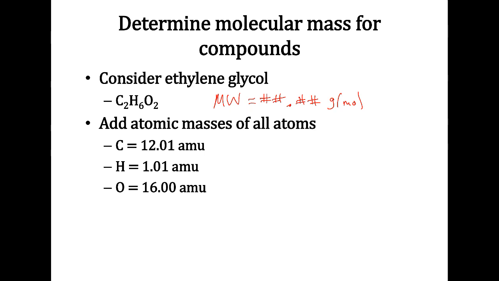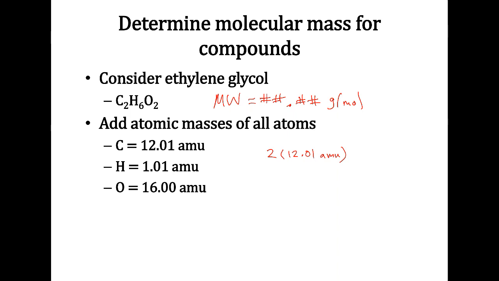Okay, so let's go ahead and for ethylene glycol, I've listed the atomic masses of all the atoms. So if we're looking at the mass of a single molecule of ethylene glycol, we'll just go through and take the sum of each individual component. So we have 2 carbon atoms. So we'll have 2 times 12.01 AMU.